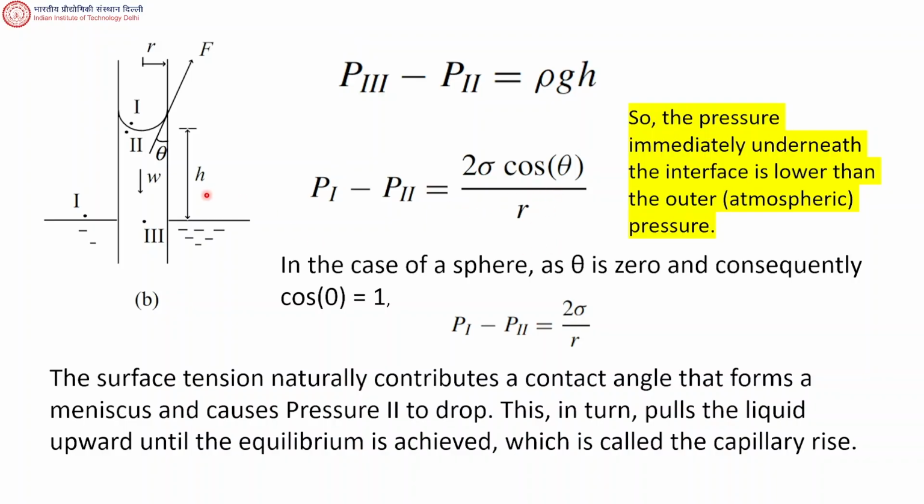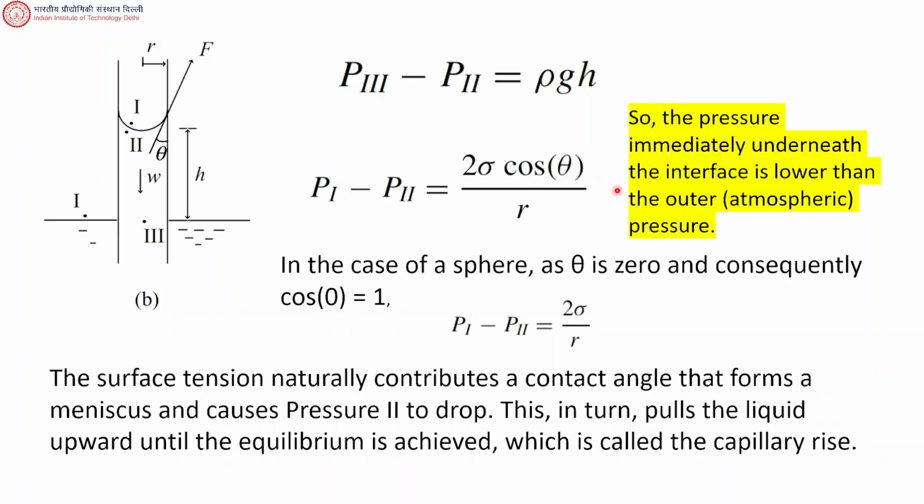P1 minus P2 is interesting because this is across an interface, right? They are at the same level, but they don't have the same pressure. Why? Because the surface tension and the contact angle have created a pressure difference between the air outside and the liquid on the other side of the interface, right?